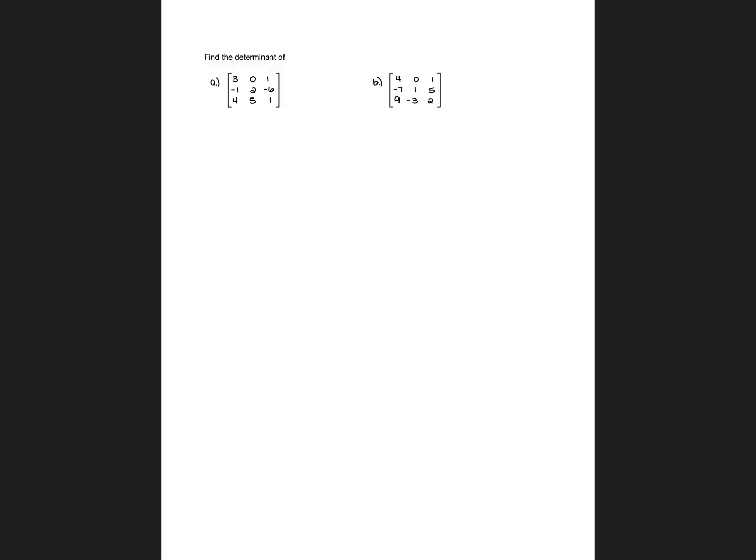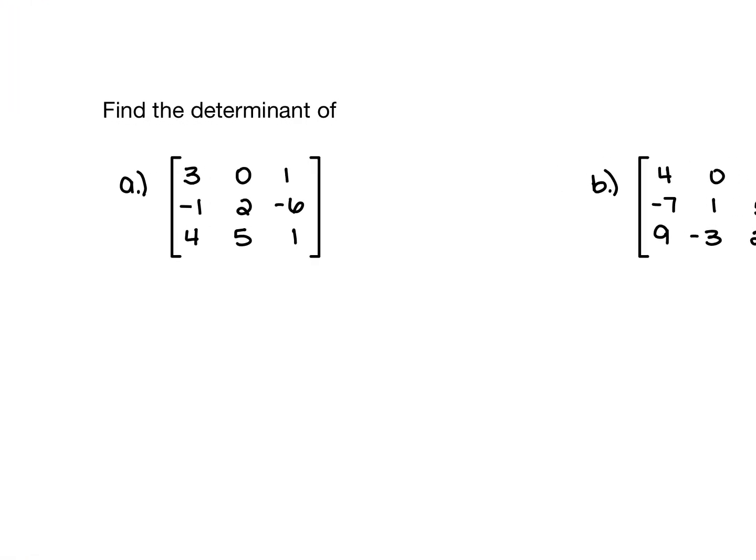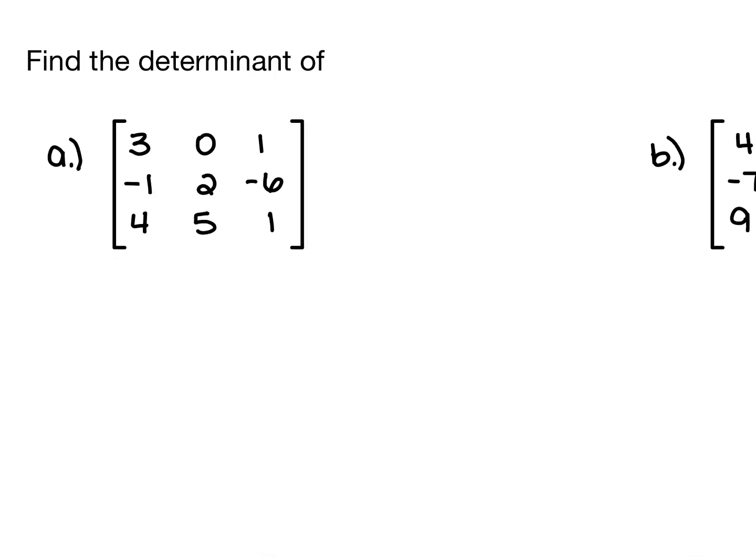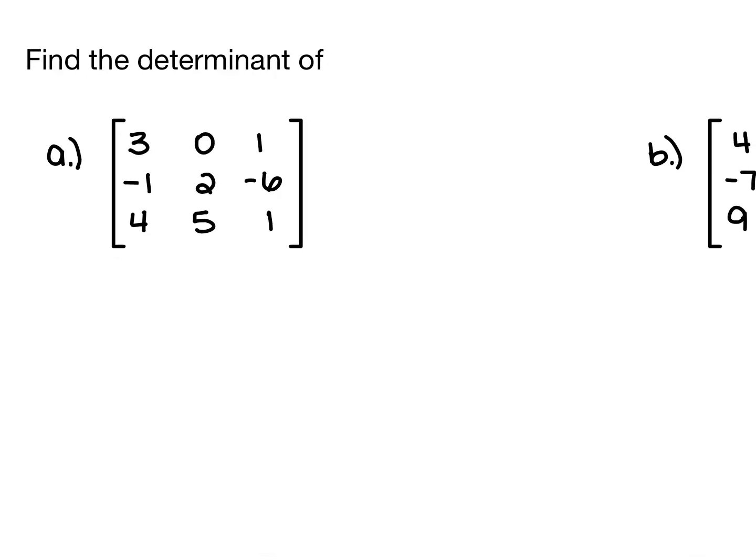If we look at your next example, you're given 3, 0, 1, negative 1, 2, negative 6, 4, 5, 1 for this matrix. To find the determinant, we're going to rewrite the 3, negative 1, 4, and the 0, 2, 5. We're going to start from top to bottom.